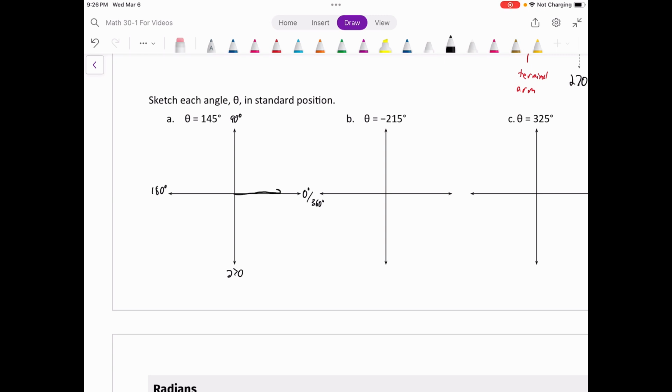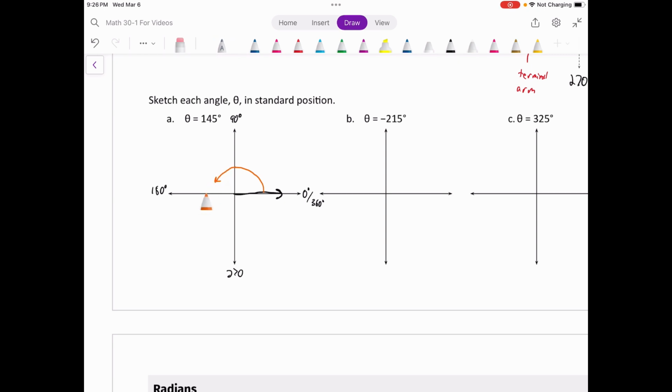We can draw in our initial arm, and starting from there, starting from the positive x-axis, we're going to start rotating. Now, 145, right, if we think about it, we need to go past 90, but not quite all the way to 180. In fact, we can say we need to go about 55 degrees past 90, which is a little more than halfway to 180, because another 45 degrees would be halfway to 180, right?